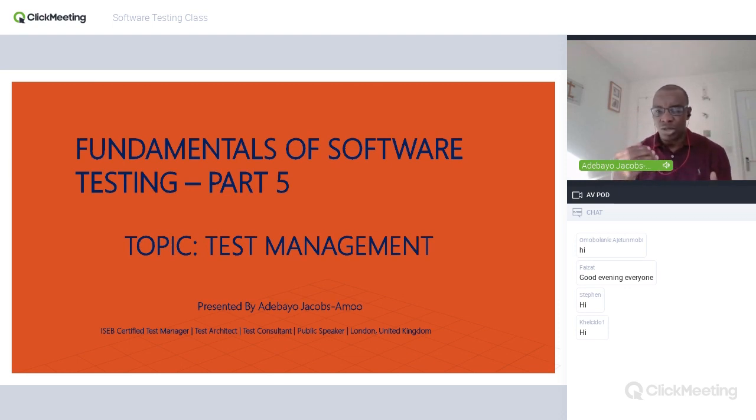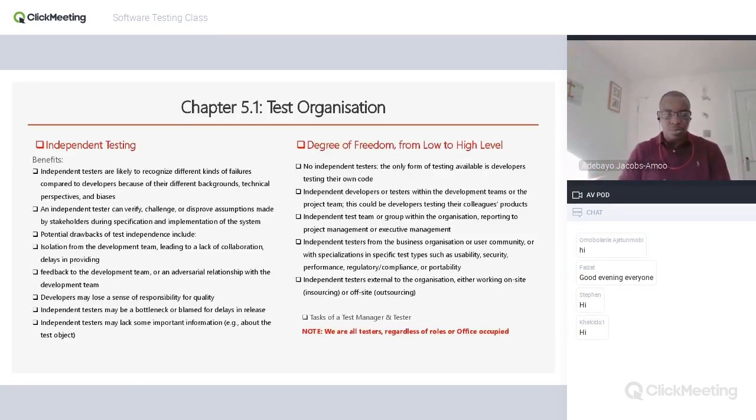And this includes us testers, managers, leads, analysts, all sorts of testing. So today we're going to talk about our testing and what it means to be in testing, and how to do test management.